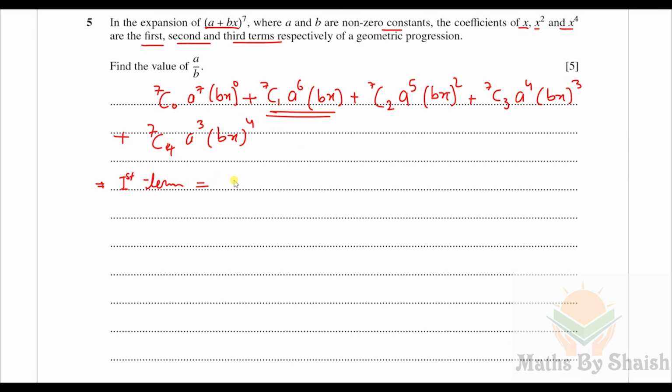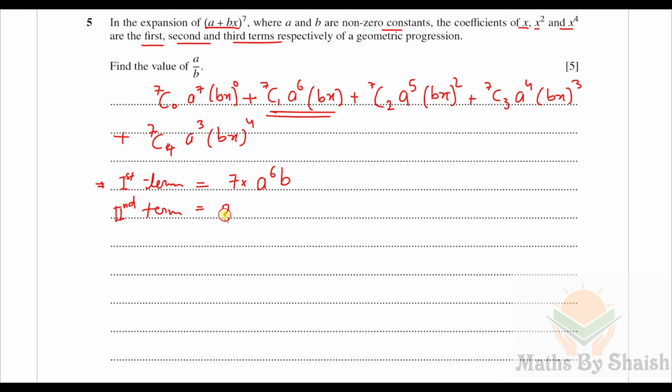The second term is the coefficient of x square, from here 7c2 is 21, we can calculate from the calculator, a raised to the power 5 and b square.